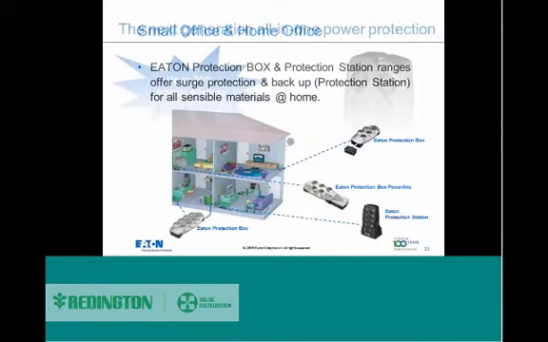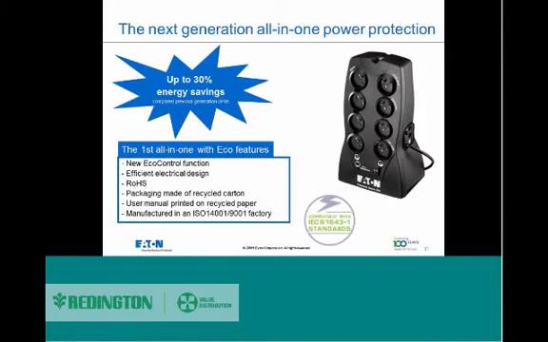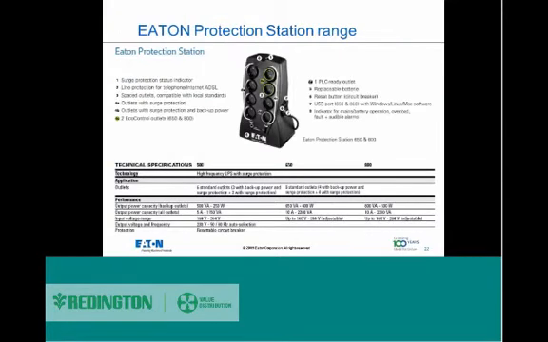Now, some of the features of this particular model: again, its design. It has just recently come out. It's a totally new model. It's compatible with the IEC 61643-1 standards. As you can see, the device itself is recyclable. Along with that, you also get a user manual when you purchase this, and you also have LEDs. This is basically the breakup of it.